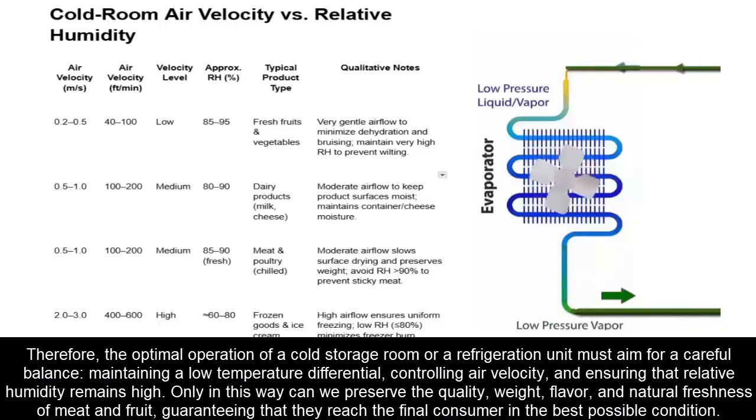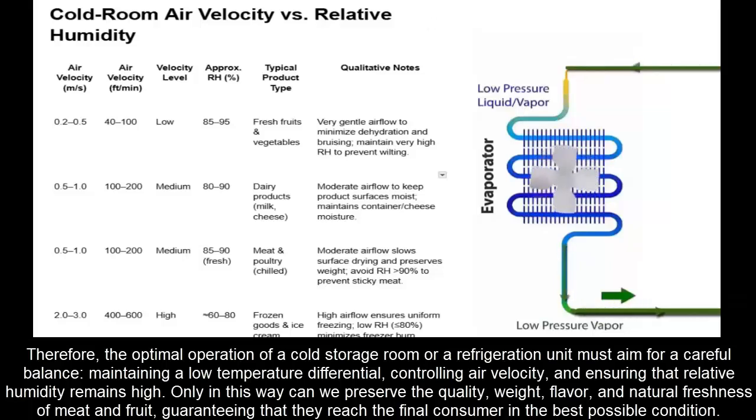Therefore, the optimal operation of a cold storage room or a refrigeration unit must aim for a careful balance, maintaining a low temperature differential, controlling air velocity, and ensuring that relative humidity remains high. Only in this way can we preserve the quality, weight, flavor, and natural freshness of meat and fruit, guaranteeing that they reach the final consumer in the best possible condition.